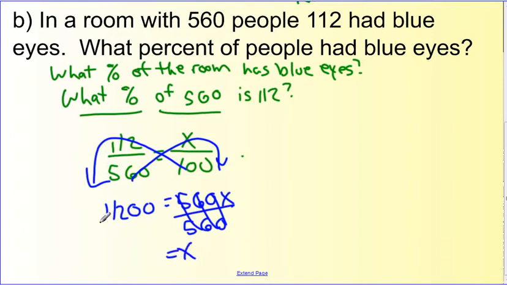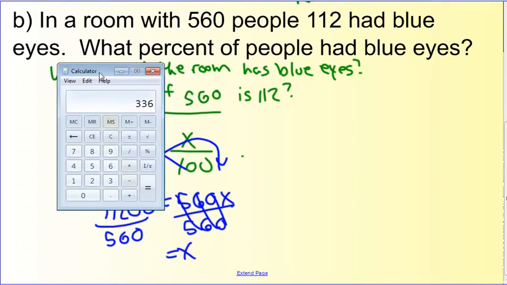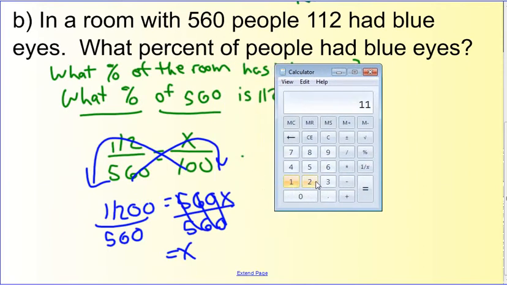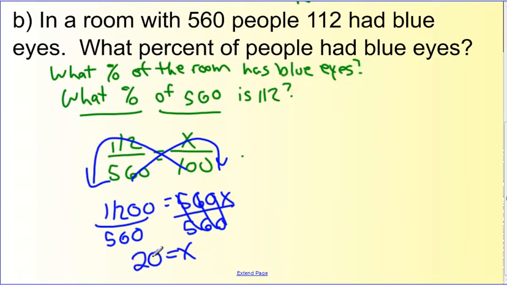X equals, divide by 560 here, 11,200 divided by 560 equals 20. So 20%, because that's our label, it is percent, 20% had blue eyes.